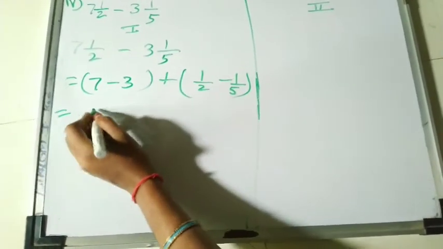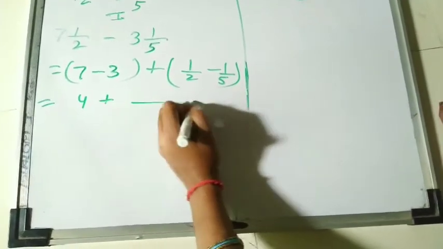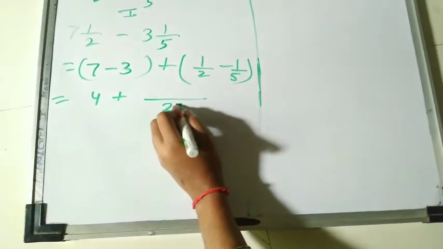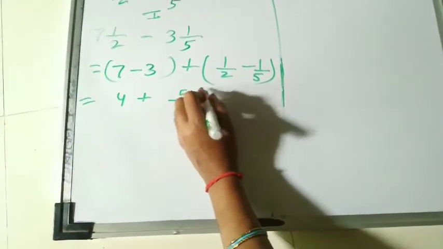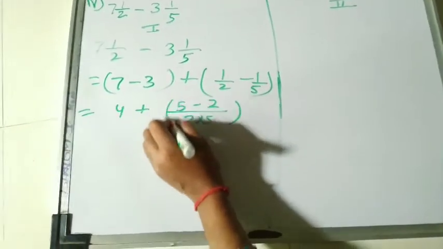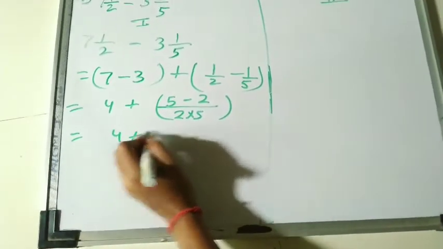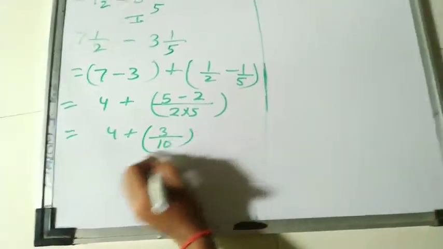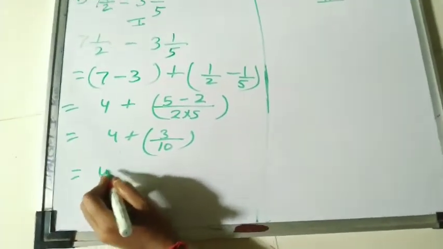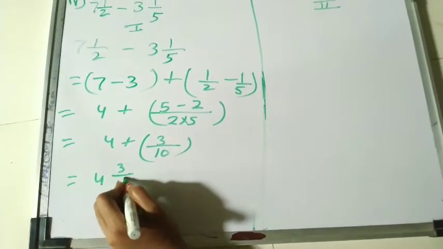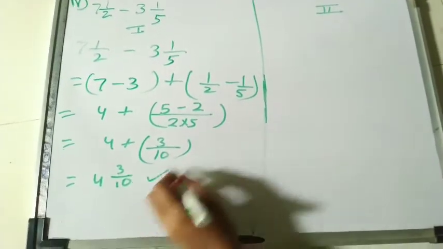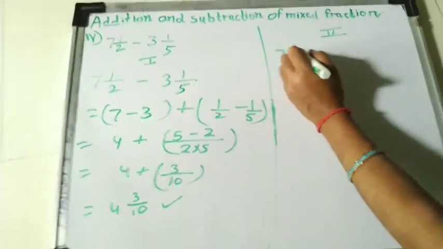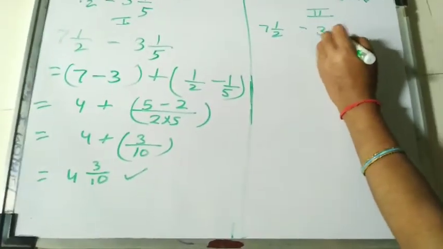Here 7 minus 3 is 4, plus take LCM 2 into 5: 5 minus 2 is 3, and 2 times 5 is 10. It means the answer is 4 upon 3 by 10. Next method: 7 upon 1 by 2 minus 3 upon 1 by 5.